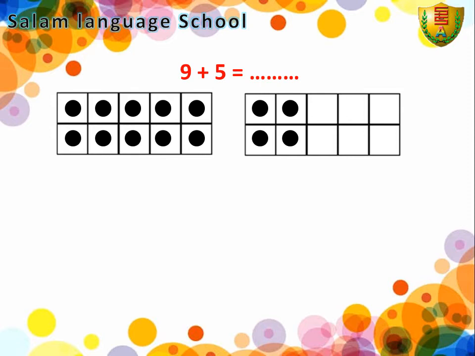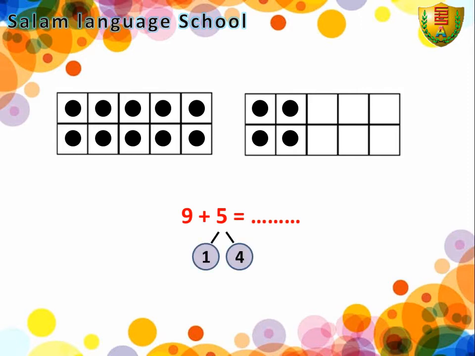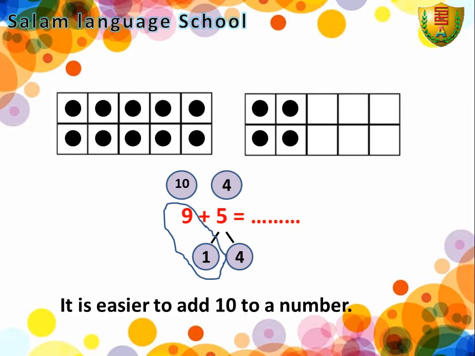The remainder is 4. 9 plus 5. Decompose the number 5 into 1 and 4. The number 1 is added to 9. It becomes 10 again. And the remainder is 4. It is easier to add 10 to a number. 10 plus 4 equals 14.